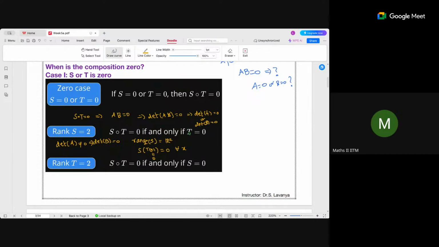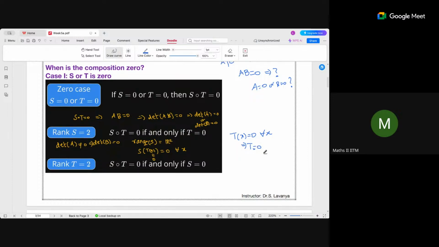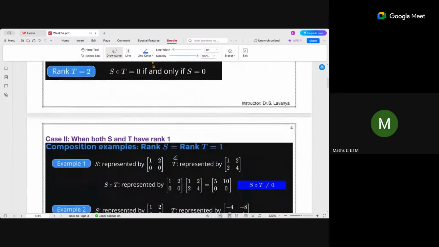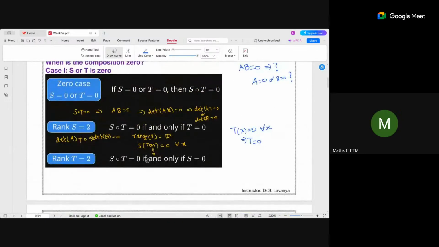That can only happen if all of A, B, C, D inside the matrix are 0. So this is what we mean by T equal to 0. It means Tx equals 0 for all X. Okay, fine. So try to think about this more.